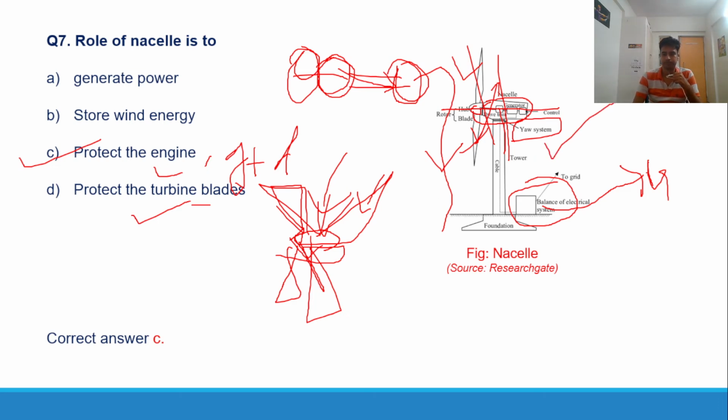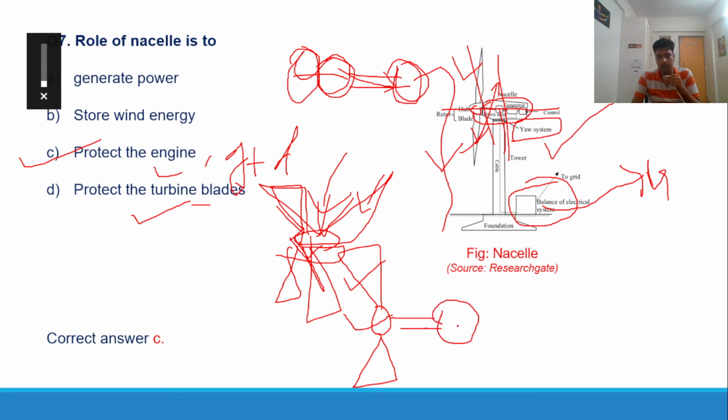There are some other mechanisms also which are not depicted here, so let me draw the whole thing. This is the hub, this is the blade, there is a shaft, there is a big gear, and this gear is connected to a small gear. Why is a big gear connected to a small gear?